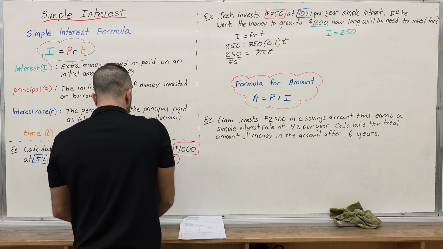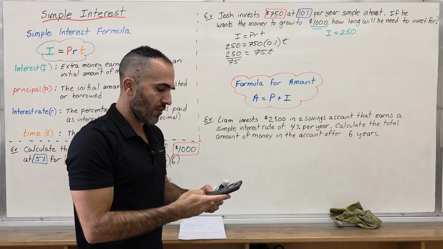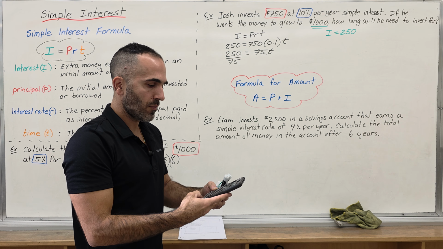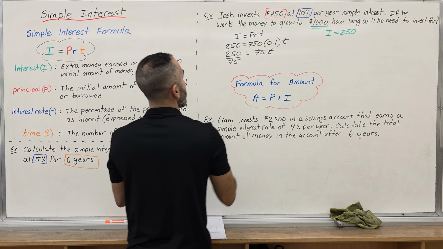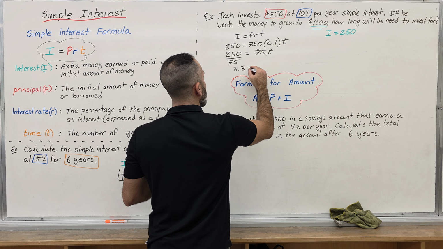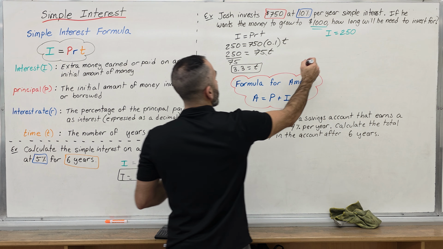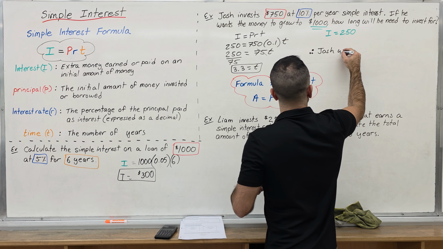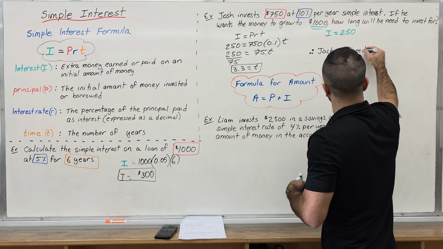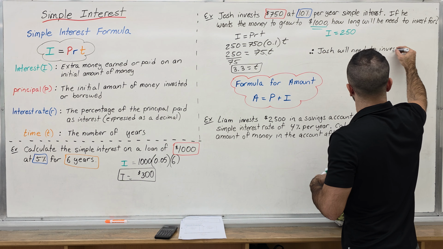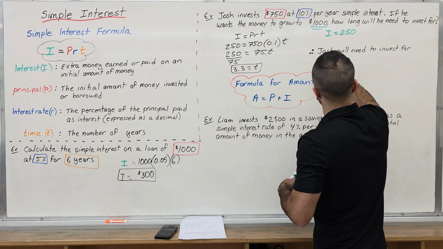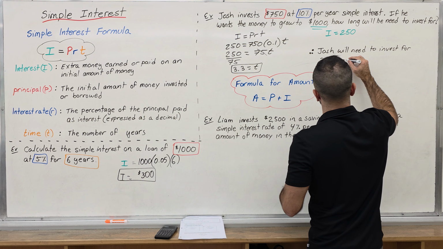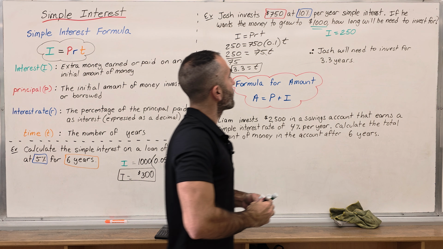I can pick up my calculator. 250 divided by 75 equals 3.3. I conclude, therefore, Josh will need to invest for 3.3 years.